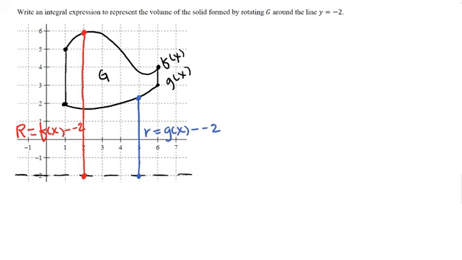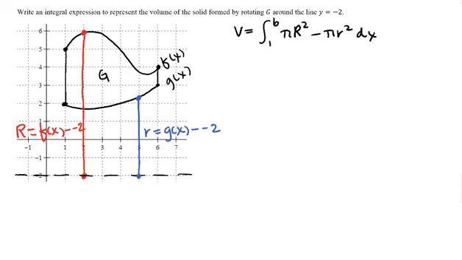Now I know that volume is going to be the integral of pi R squared minus pi times small r squared dx, because our representative rectangles are moving left and right along the x-axis. We're going to need x to range from 1 up to 6. That's the boundary of my region.